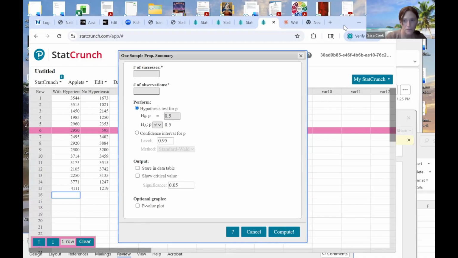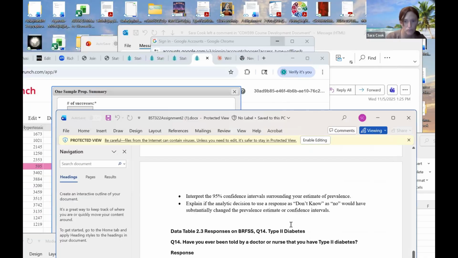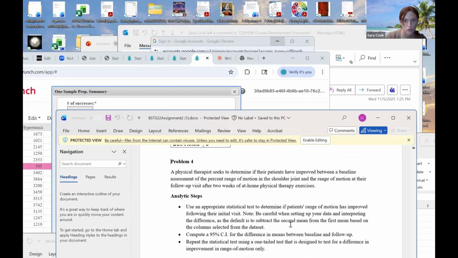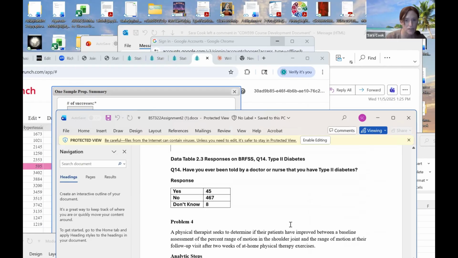So if I go to my assignment, in the assignment we said we're going to go ahead and consider the don't knows as knows. The idea being, if you're told you have type 2 diabetes, you probably know whether you do or not. Could be wrong about that, but pretty sure. And that's just the decision we're making.